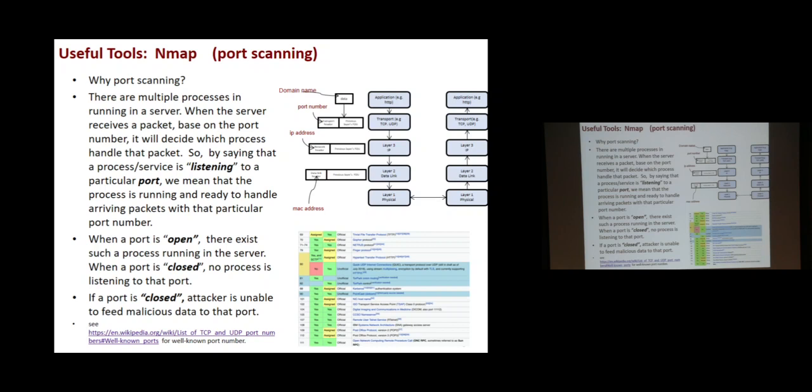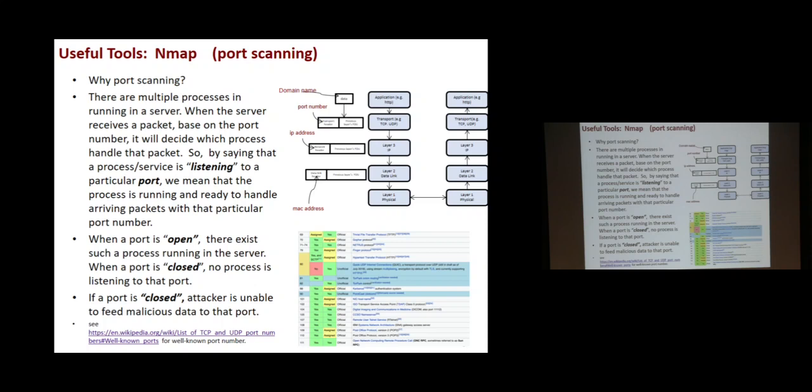So if there is a process behind a particular port number ready to process that information, we say that the process is listening to the port, or that the port is listening, or open. If it's closed, that means no one is listening to that port. The implication is this: suppose I'm an attacker and I want to compromise the node by sending some information.